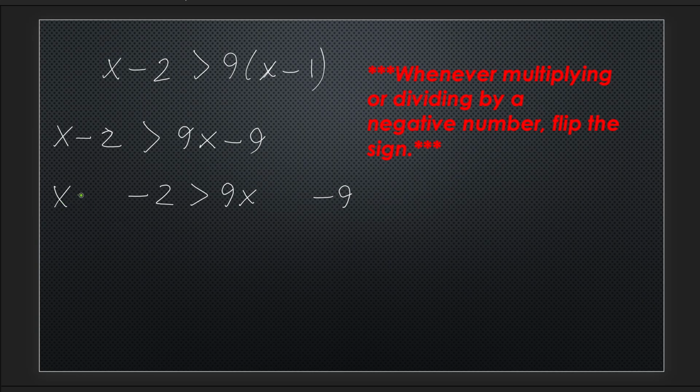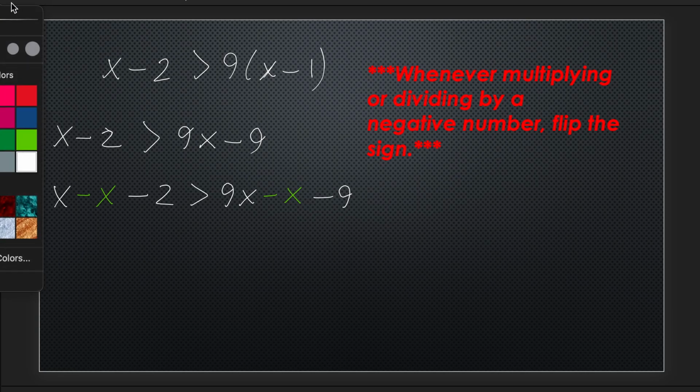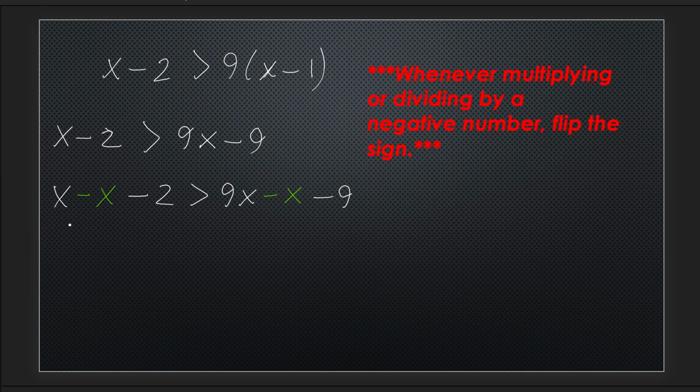I wanted to move this x, so x minus x will make that 0. So I have to subtract x on this side as well. This makes 0, so negative 2 is left by itself, and we have greater than 9x minus 1x, that's 8x, minus 9. Now I want this negative 9 over to this side.